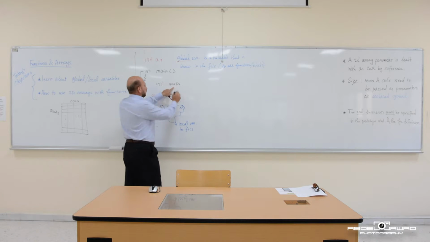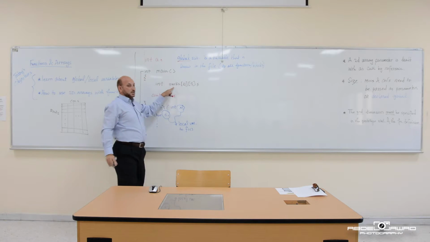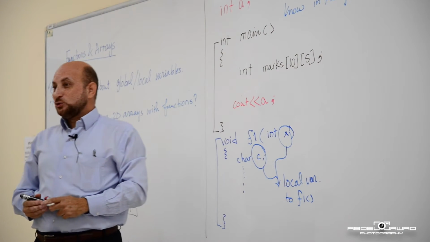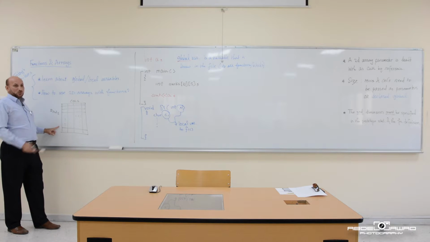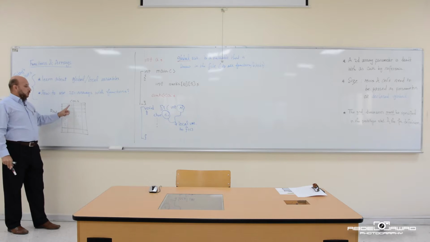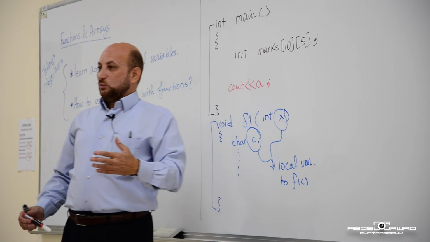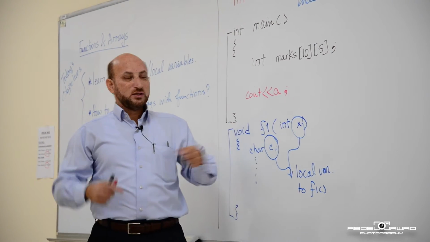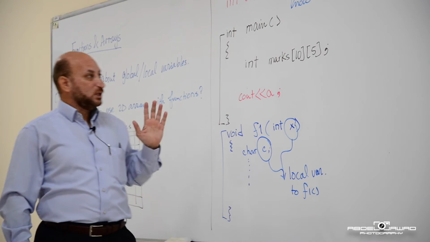Integer marks 10, 5. This is a local 2D structure. This 2D structure called marks has a number of rows. How many rows do we have here? How many columns? Whenever we have a 2D array and we would like to fill it with data or print the content, then we need what type of loops? Nested loops. Very good.